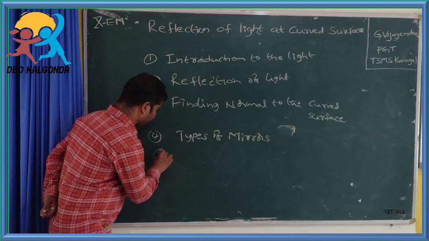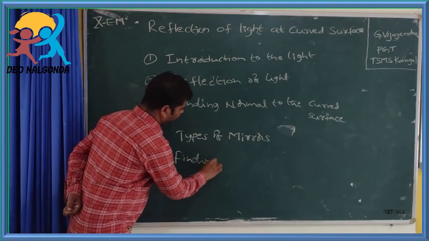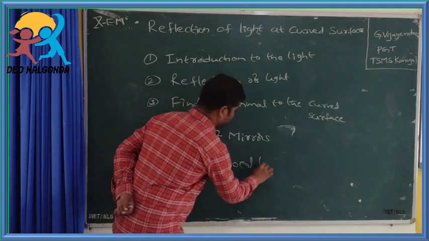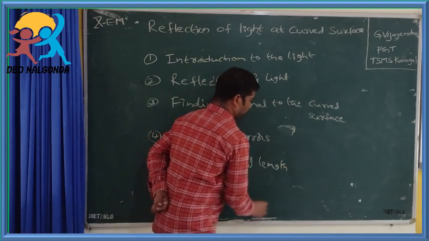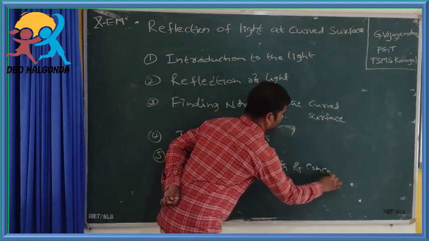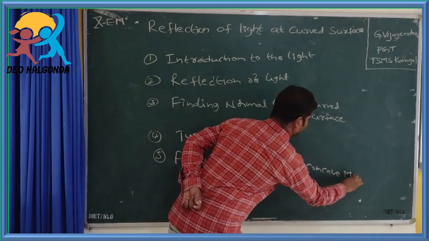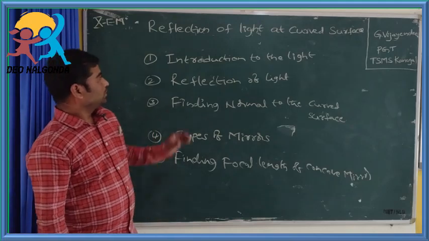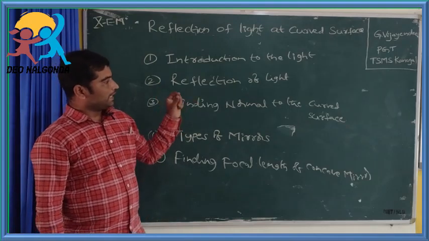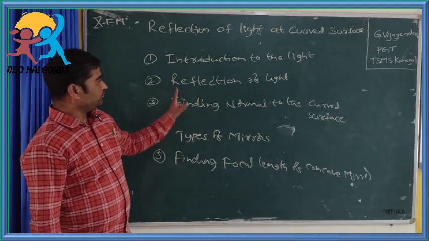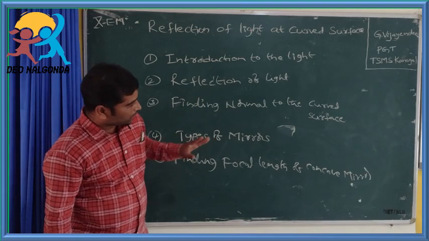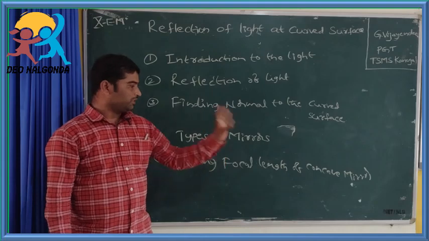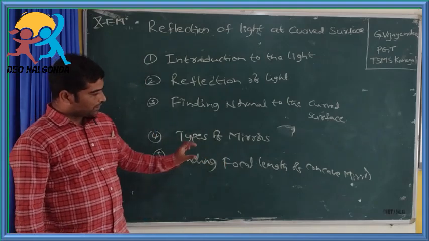And fifth one is finding focal length of the concave mirror. In this video, we are going to learn about introduction to the light and some basic concepts. Second part is reflection of light, finding normal to the curved surface, types of mirrors, that is plane mirrors and spherical mirrors. Next, finding focal length of the concave mirror.